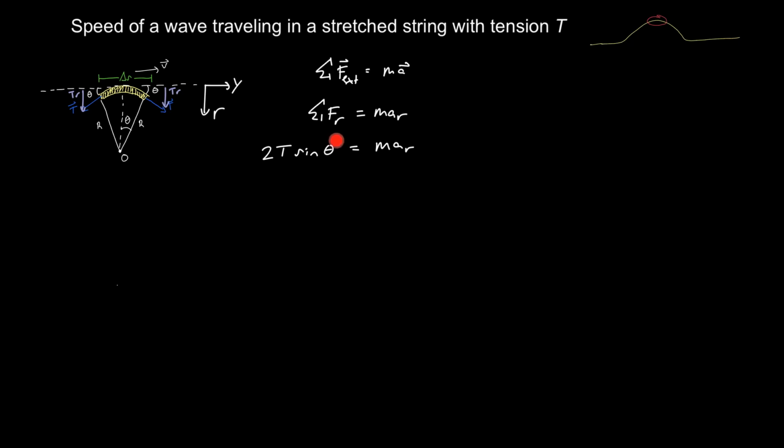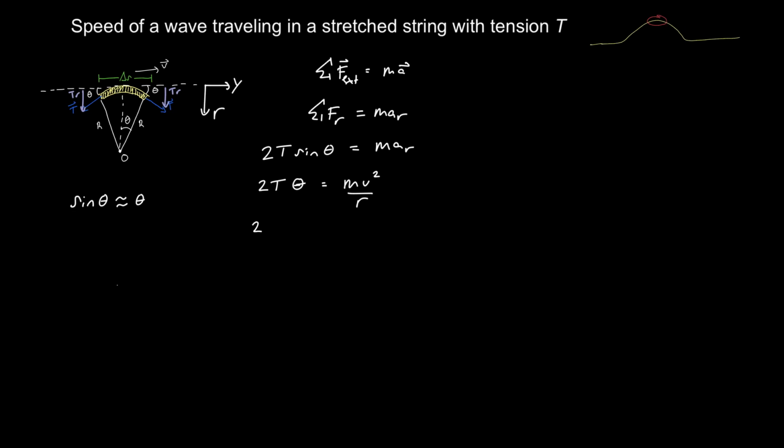Now if this angle theta is very small, then we can apply the small angle approximation. So the small angle approximation tells us that for very small angles, and if theta is in radians, the sine of theta is just about equal to theta. So we rewrite this equation as 2T times the angle theta equals mv squared over r, and this v squared over r is the radial acceleration.